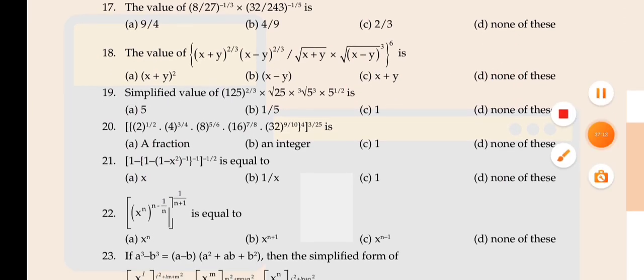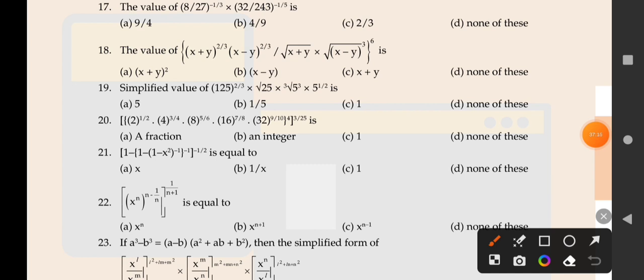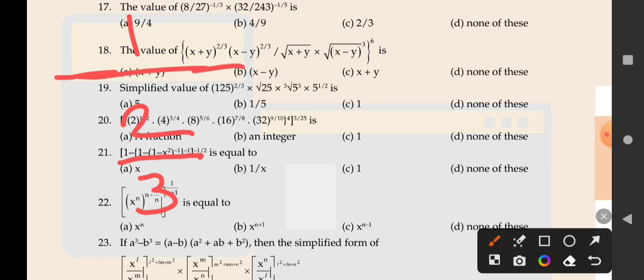17. The value of cube root of 8 and 27 is 2 and 3. It is given in minus, so it has to be 1 divided by 2 by 3, which is equal to 3 by 2, into fifth root of 32 and 243, which is again 2 by 3.